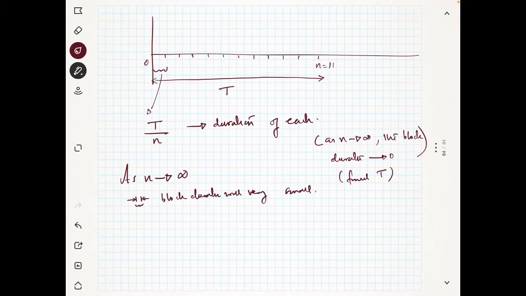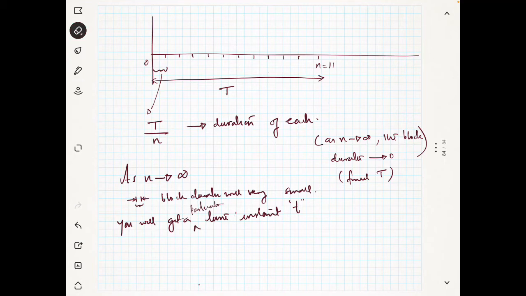In that situation, you will get a time instant t, in general. So you will get a particular time instant.